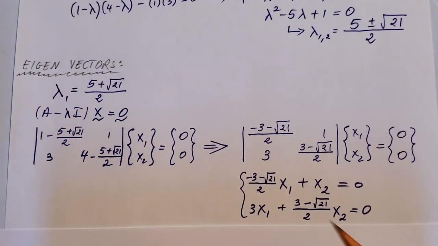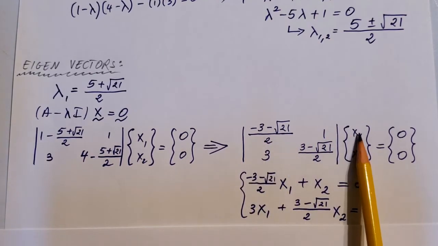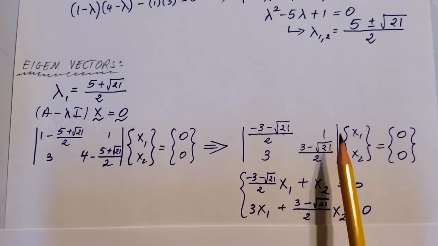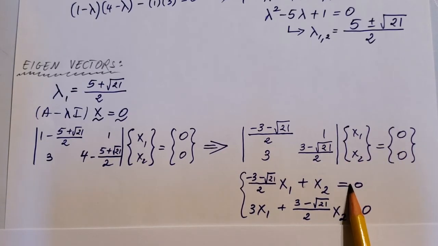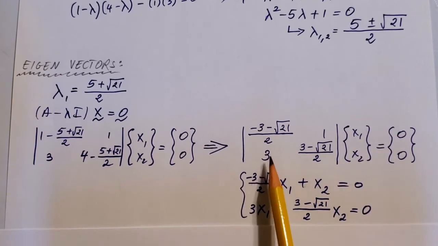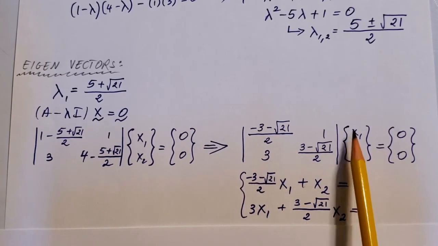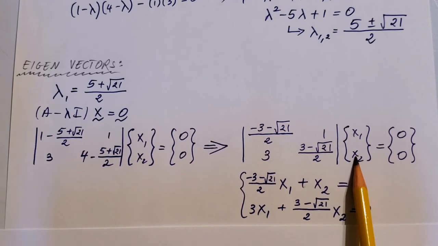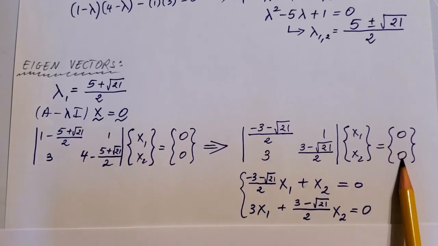These two stay unchanged for now. For the next step, I'm going to transform this into equations right here. This times this plus this times this equals 0. That's this 0. Now for the second line, this times this plus this times this equals 0. That was the second line.